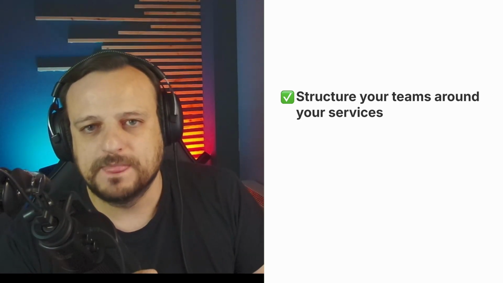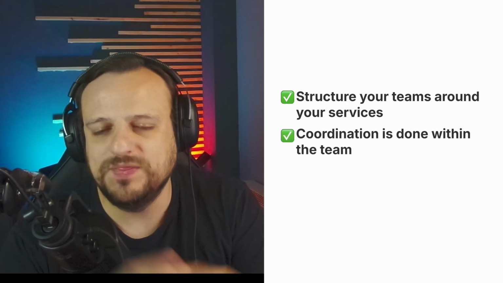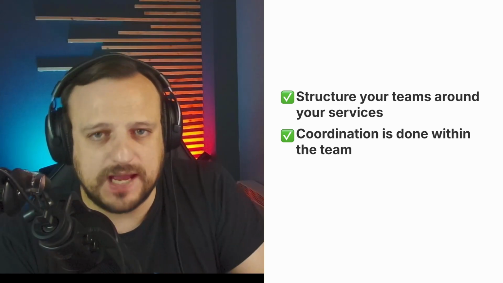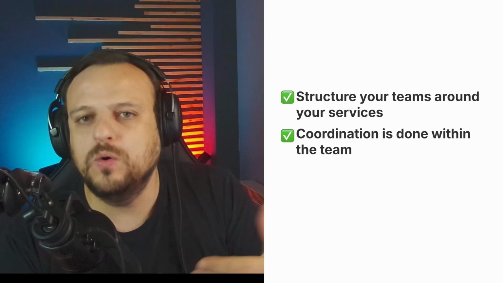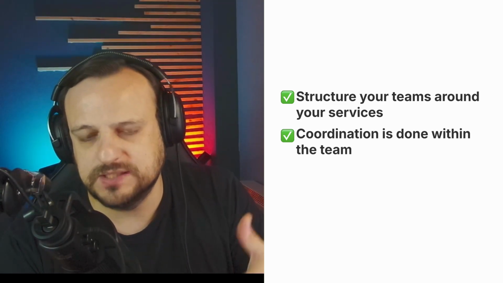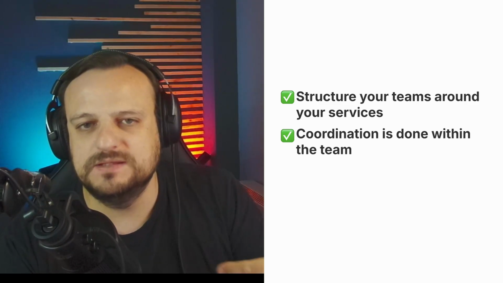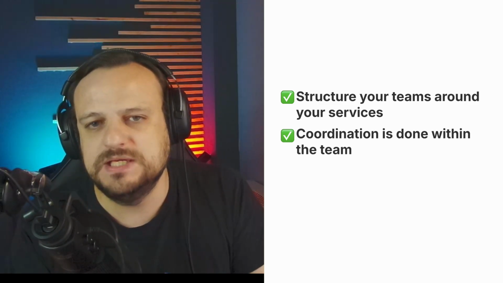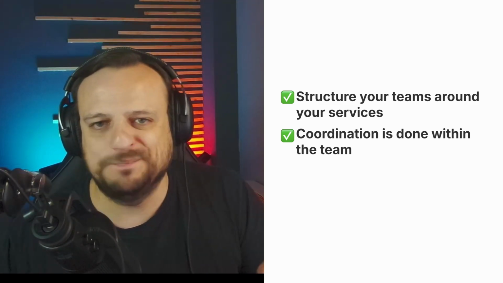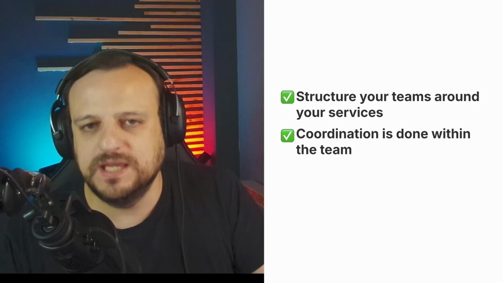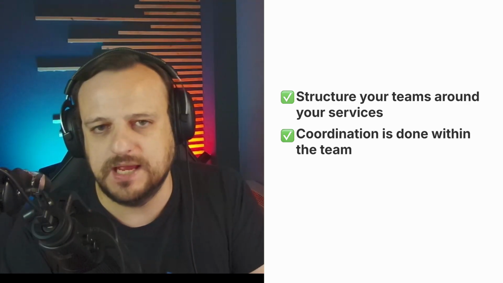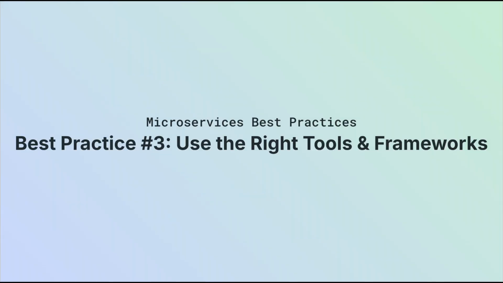So that way, coordination is done within the team, and each team has its own timeline, its own goals and milestones that they have to hit within the roadmap, and there is no need to have different teams coordinating with each other. Each team is an encapsulated, self-sufficient unit of work.